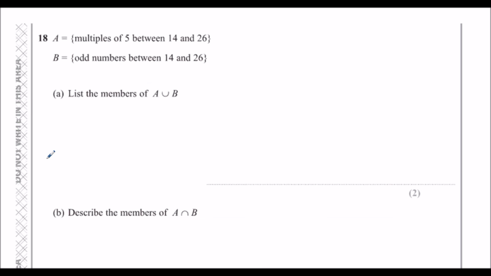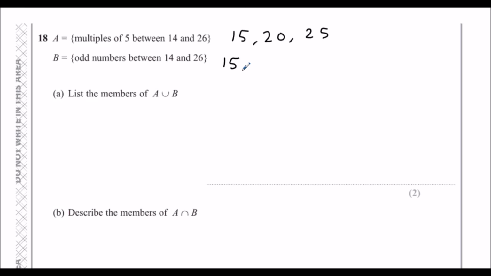Okay, question 18. A is multiples of 5 between 14 and 26. So anything in the 5 times table between 14 and 26. So that's 15, 20, and 25. B is odd numbers between 14 and 26.